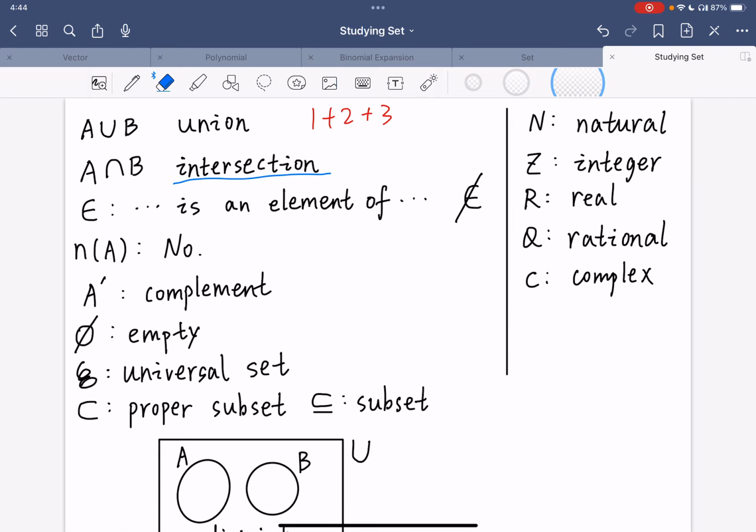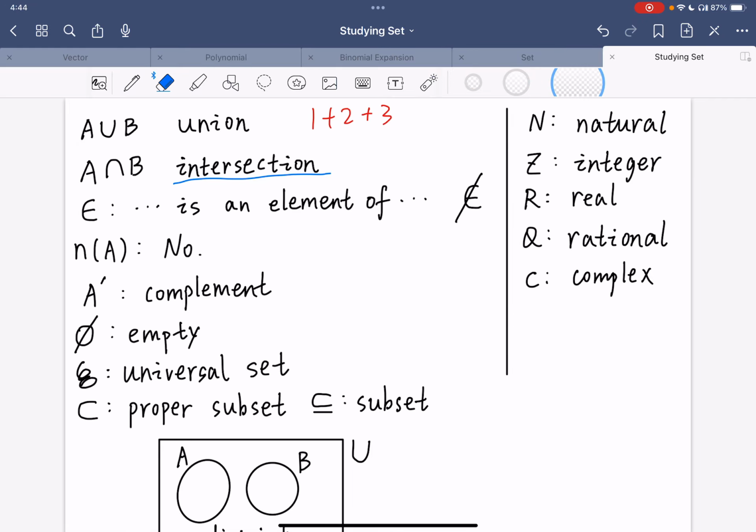We also use the capital letter U here to represent the set that includes everything. Maybe it can be biological aspects in this case.